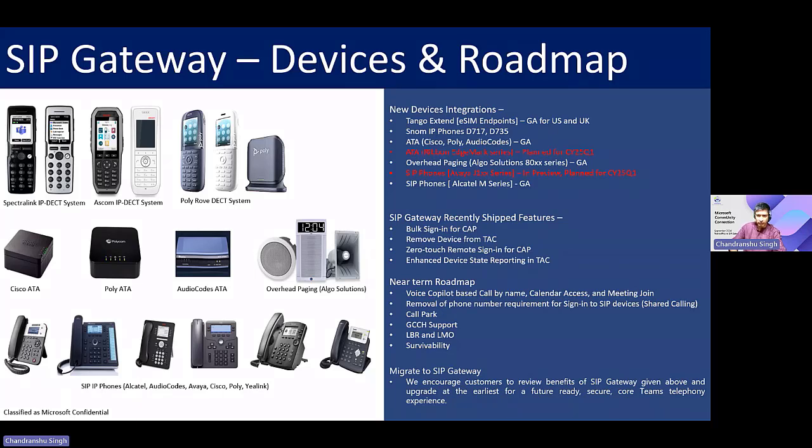This is coming soon. Similarly, Avaya J100 series IP phones have been in preview for quite some time. We are working with Avaya to get these devices enabled for SIP Gateway. These are also expected to land fairly soon.